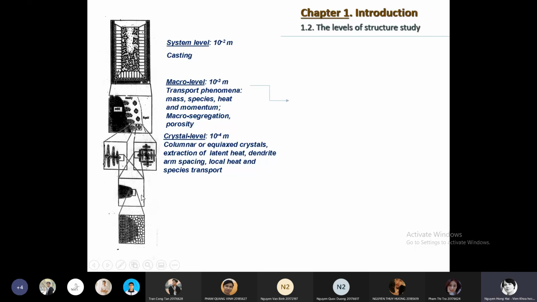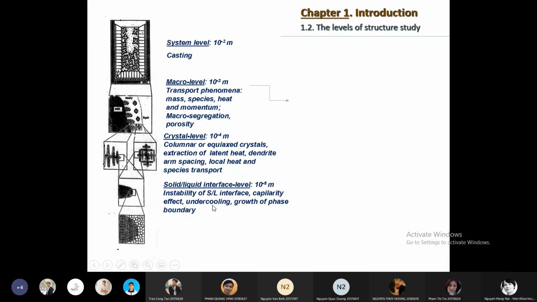And this is the micrometer level. We study the solid-liquid interface. It's the solid-liquid interface level. See? At this micrometer level, we study the instability of the solid-liquid interface, capillarity effect, undercooling, growth of phase boundary, and grain boundary.